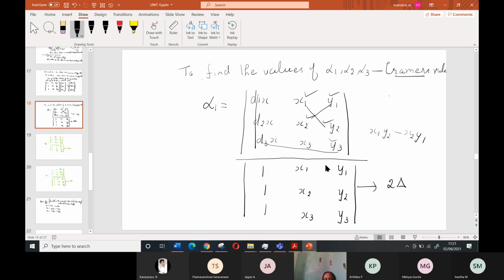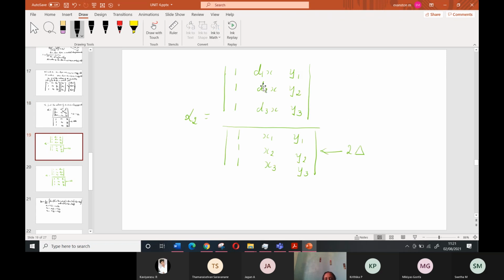Similarly, can you find out the value of b1 from this one? b1x into here it is b1. I didn't get the value. So how will you find out d1x? I'll give you an example. d1x is minus. Am I correct? This is plus, this is minus, this is plus.